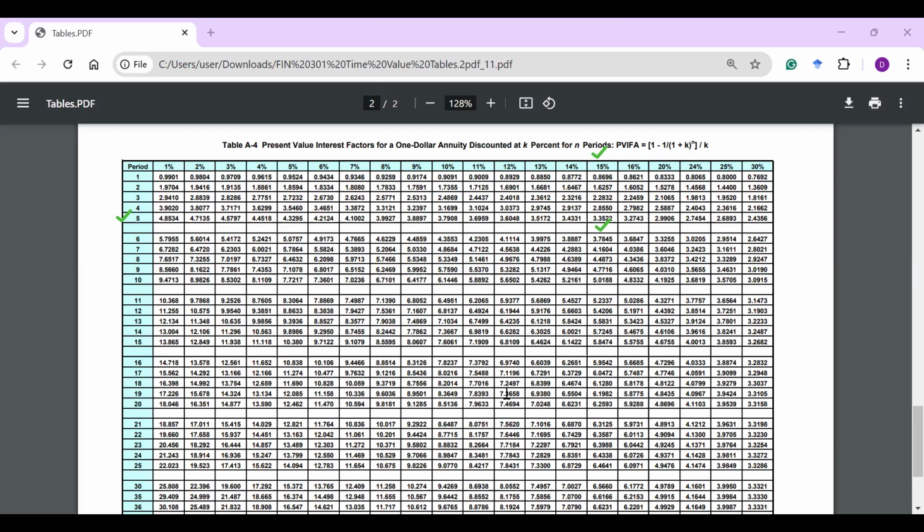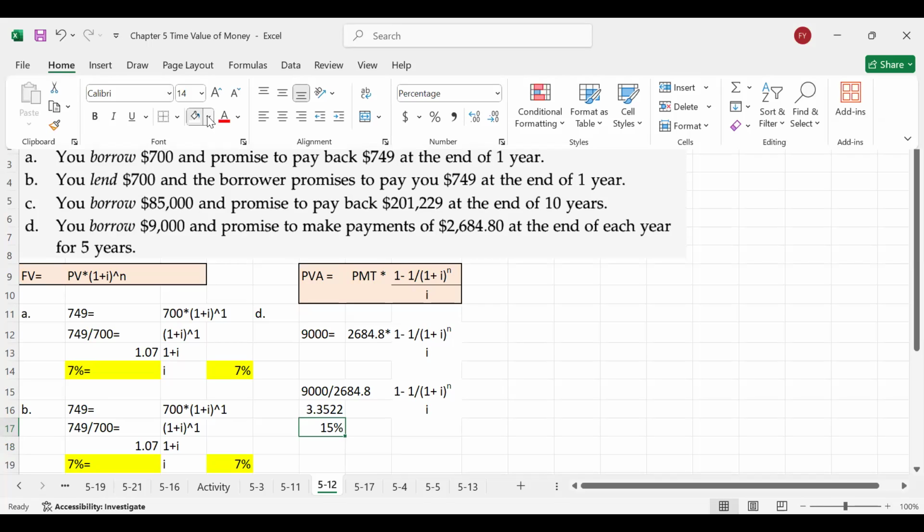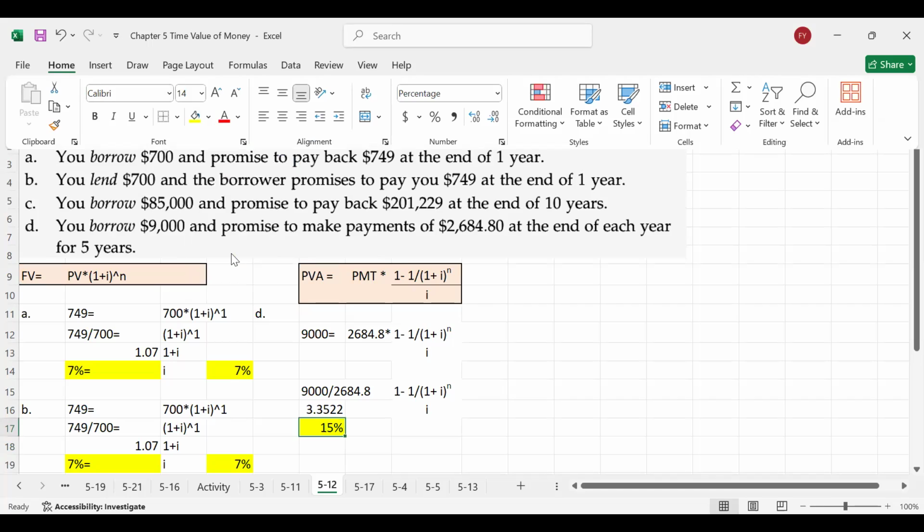So you can write the answer here: 15% is the interest rate. So when payment is given, you will have to involve the present value table or factor table.